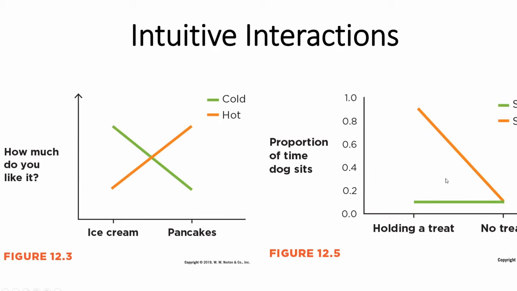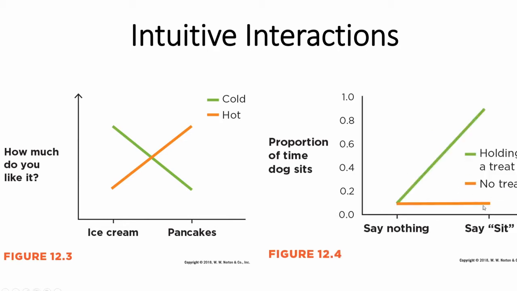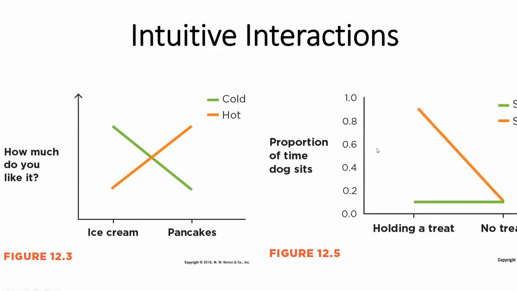So this graph is the exact same information as here, just presented a little bit differently. Here we have what you say on the x-axis, and whether you're holding a treat or not as the different colored lines. But on this graph, we have what you say as the different colored lines, and whether you're holding a treat or not as that x-axis.